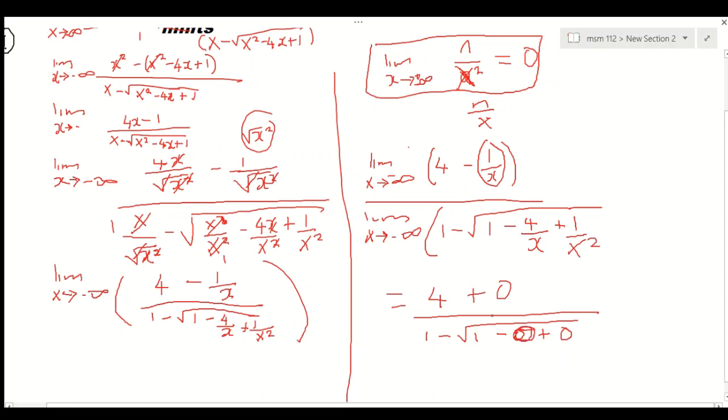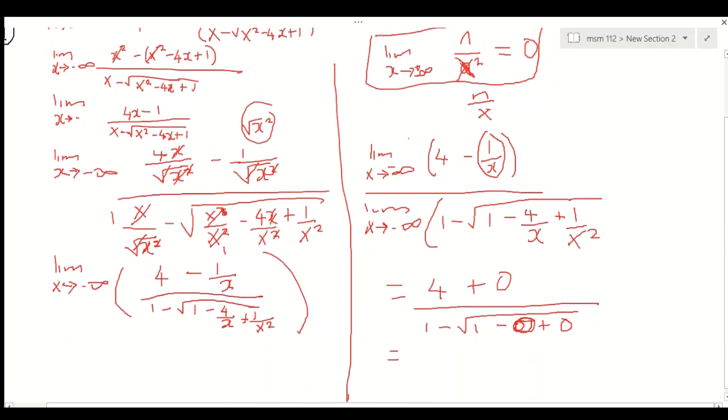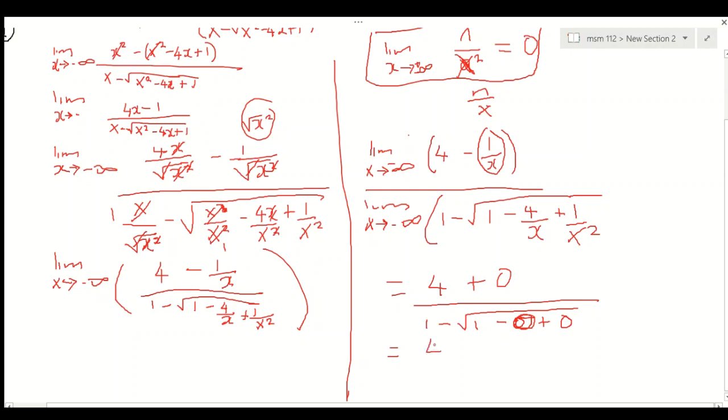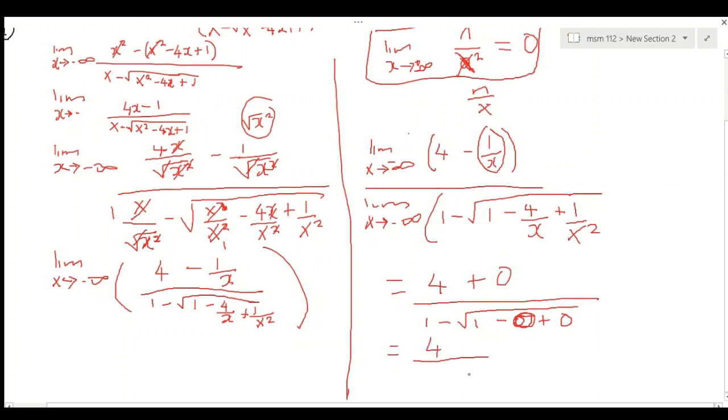These are zeros, meaning this will be equal to 4 over 1 minus the root of 1. The square root of 1 is plus or minus 1.